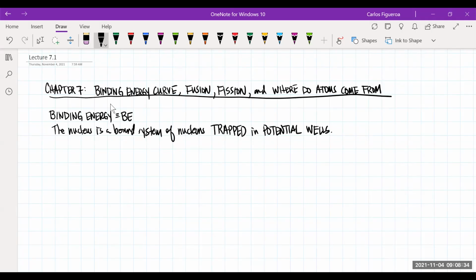And what creates these potential wells? Well, what creates them is the attractive strong force. That's what creates these potential wells.